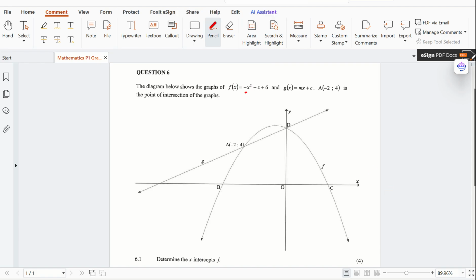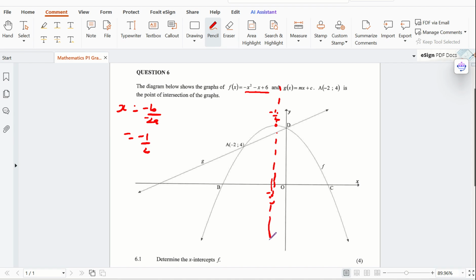One way would be to use this formula, x equal to minus b over 2a. We got an answer of minus 1 over 2. That is the x coordinate of the turning point of the parabola, which is this point here. If you draw a line like that, the line is defined by its x value because it's vertical. So your answer will be x equal to minus 1 over 2.